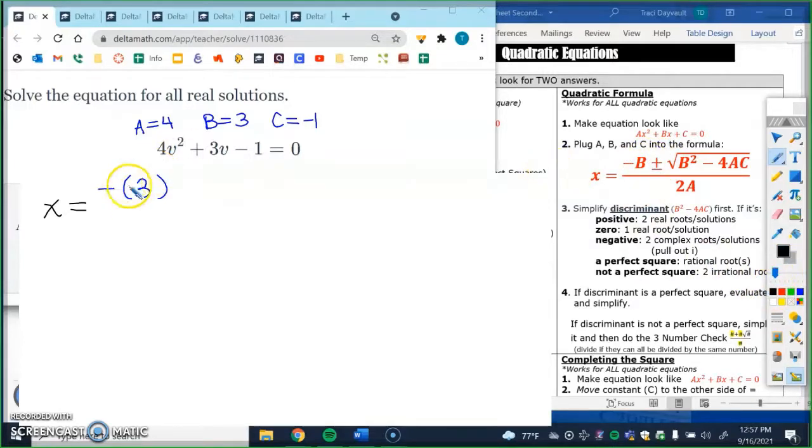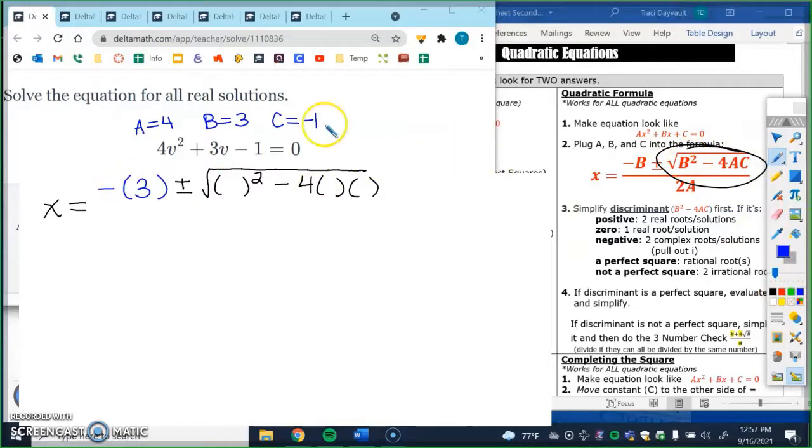Remember what I said that symbol is called? Plus or minus the square root. Then we're going to do b squared minus 4ac. What would we get if we plug in b squared minus 4ac?